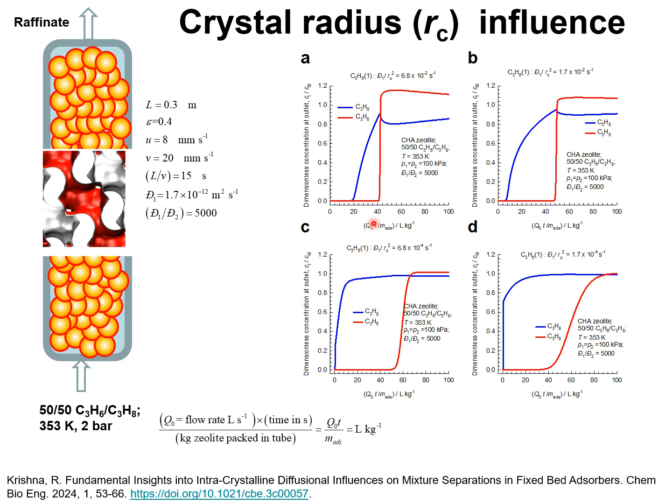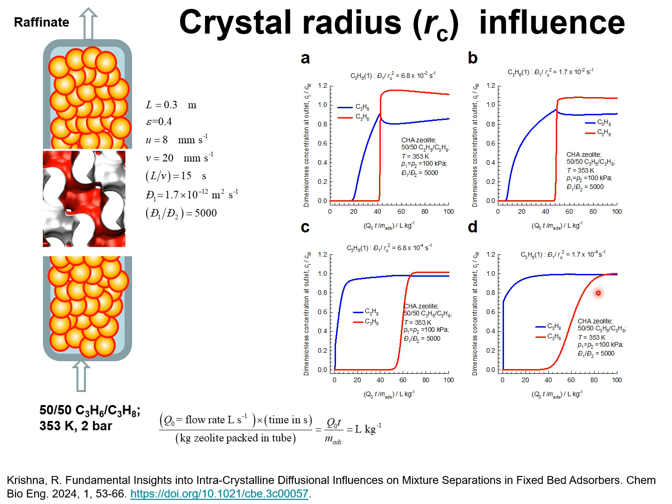We see that with increasing diffusional influences, the breakthrough of propane occurs earlier than that of propene. And also we note that the extent of roll-up experienced by propene decreases progressively with increasing diffusional influences.